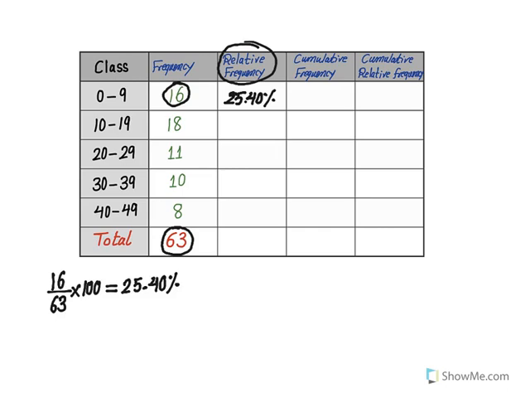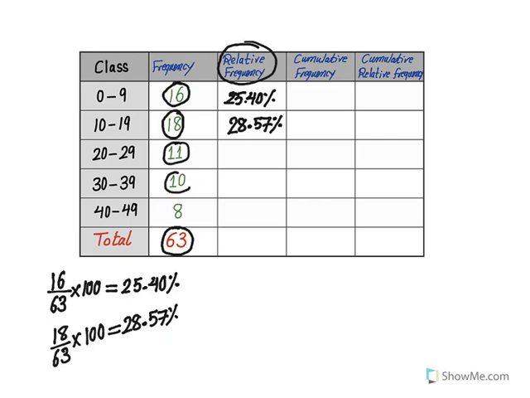For the second number, 18, you do the same. 18 divided by 63 times 100, and this will give you 28.57%. And so you just put it here, 28.57%. If you keep on doing this for the rest of them, you will get the following numbers.